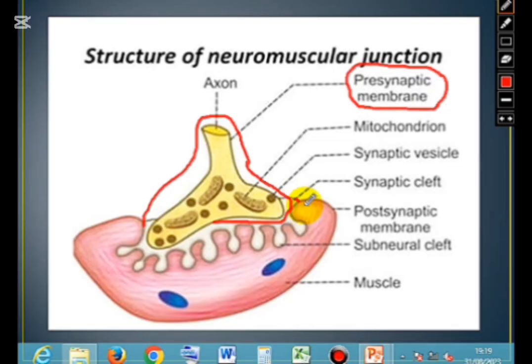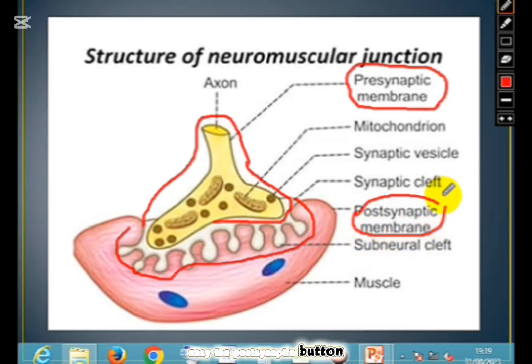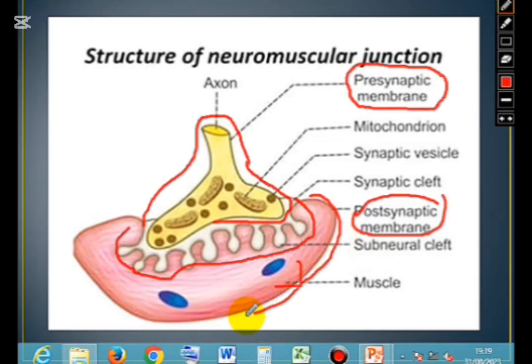And then this part here is the postsynaptic body. And then of course you have the muscle. In fact, the whole of this part is the postsynaptic body. So the first part is made up of a nerve cell.